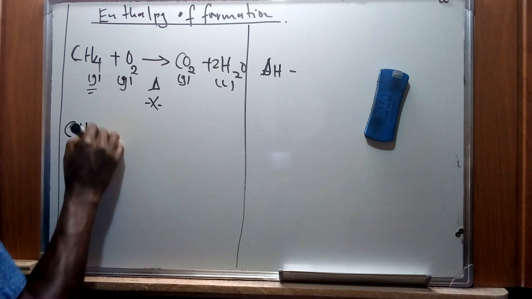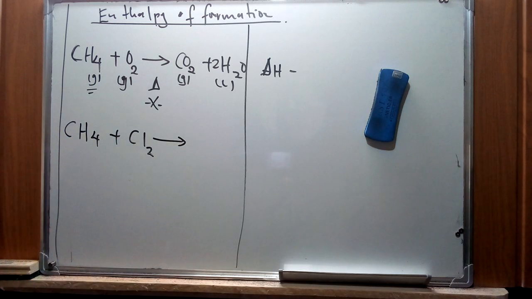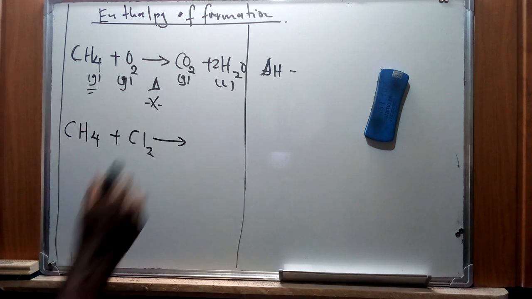Now, if we try to do a reaction between methane and chlorine to form chloromethane, this process is going to be very slow if it is done in darkness.